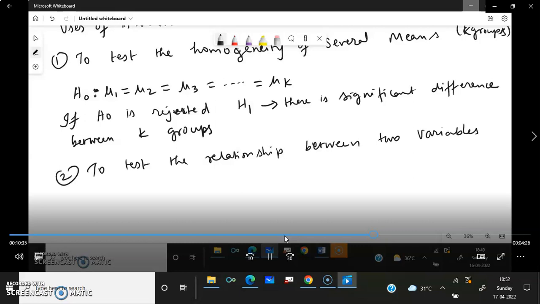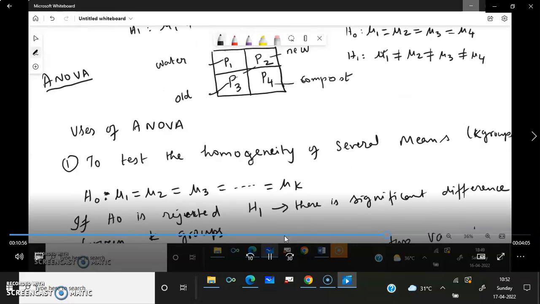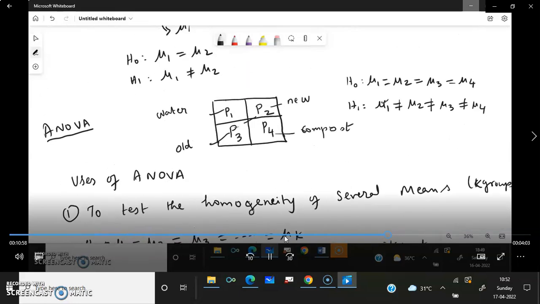To what extent the independent variable is affecting the dependent variable, that relationship you can also find using this ANOVA, right?